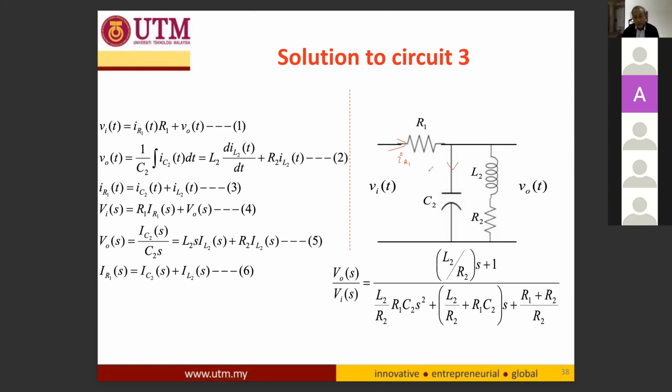And this current is I C2 that flows through the capacitance C2. And then this current, you can see, is I L2. So I L2 and I R2 are the same, so we use just one notation, which is I L2.